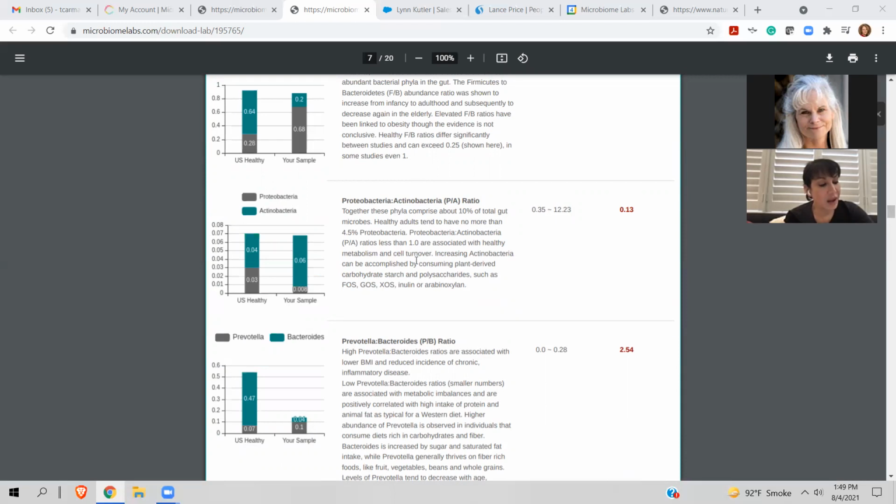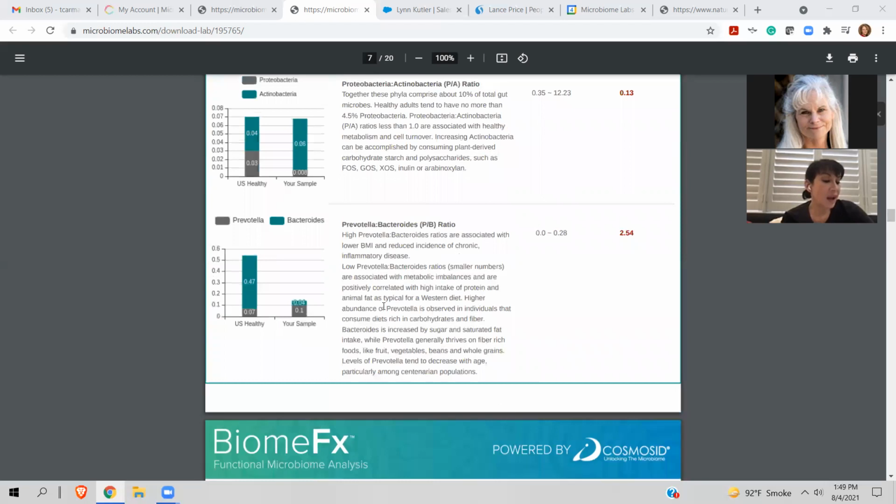He has difficulty in his healthy metabolism and cell turnover, so it's going to be harder for him to repair. Here, the Prevotella is observed in individuals that consume diets that are high in carbs, and the Bacteroides is going to show when someone has too much sugar, and that's his case.